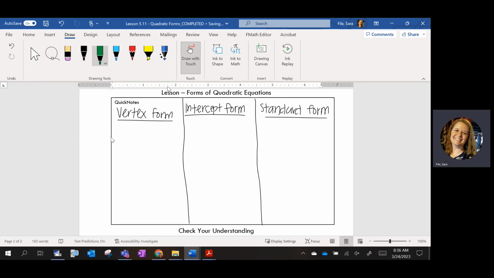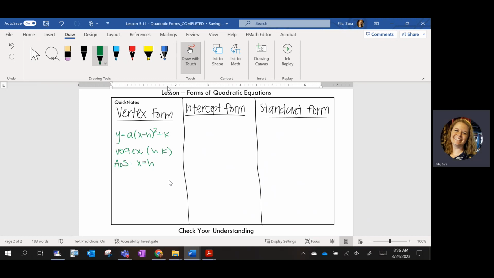Okay, so vertex form is y equals a times x minus h squared plus k. When it's in this form, we can see the vertex is (h, k). The axis of symmetry is x equals h.